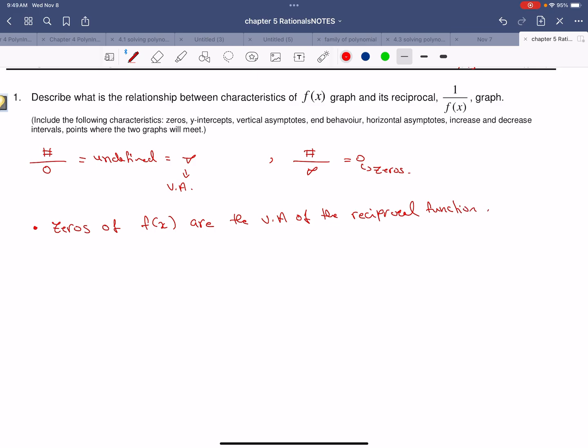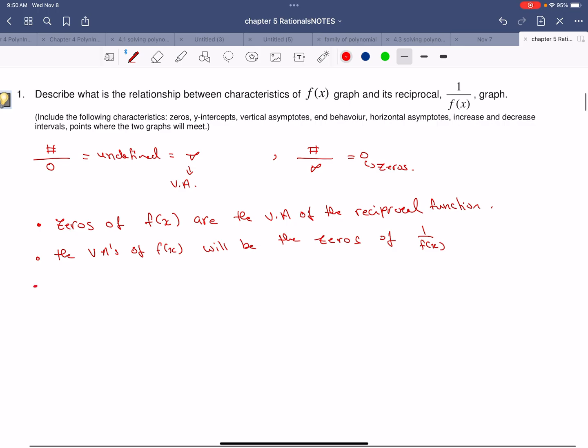The vertical asymptotes of f of x, if f of x has any, will be the zeros of the inverse. So what we saw here, right? If you're dividing by a very infinite number. So if f of x has vertical asymptotes, depending on what kind of function it is, the vertical asymptotes of f of x will be the zeros of 1 over f of x, or the reciprocal function.